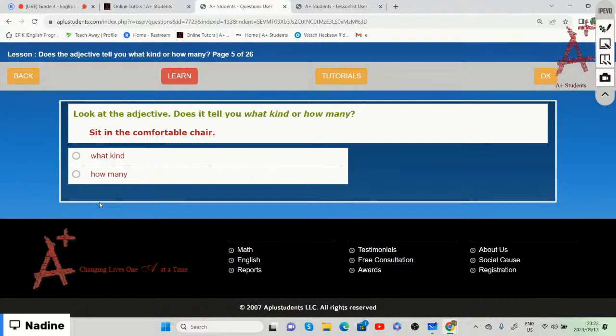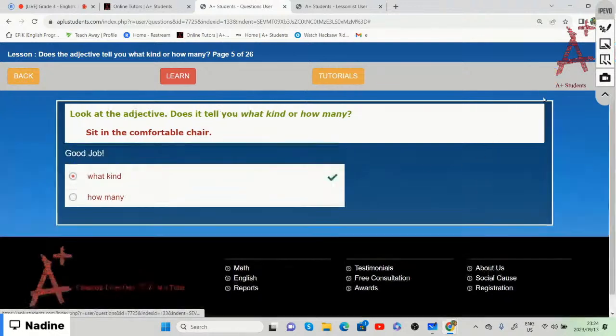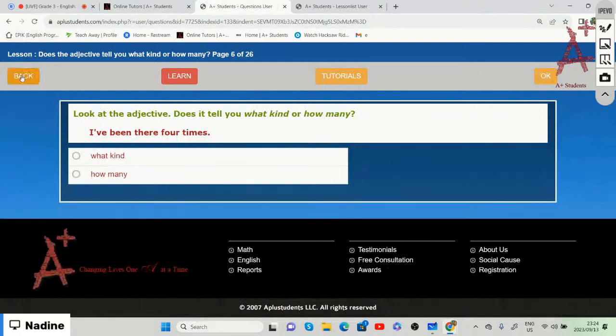Does comfortable tell us what kind of chair you need to sit in, or how many chairs you need to sit in? If we choose the adjective that tells us either what kind or how many, we're going to say comfortable tells us what kind of chair. And what kind is correct. So well done.